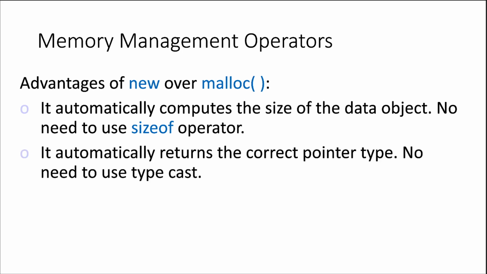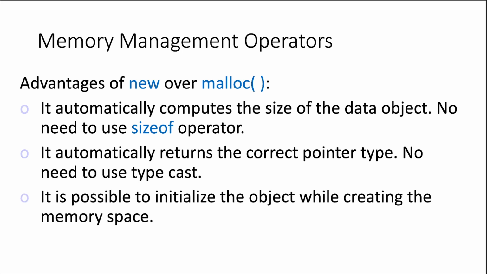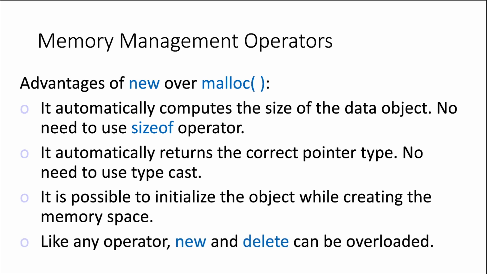And it automatically returns the correct pointer type, so there is no need for typecasting. And it is possible to initialize the object while creating the memory space. These are the advantages of new over malloc. Like any other operator, new and delete are operators which can be overloaded.